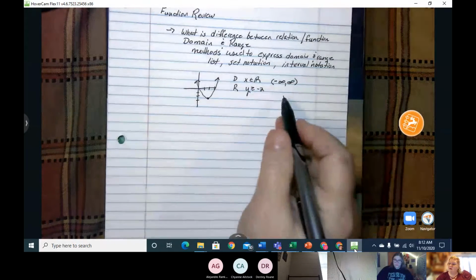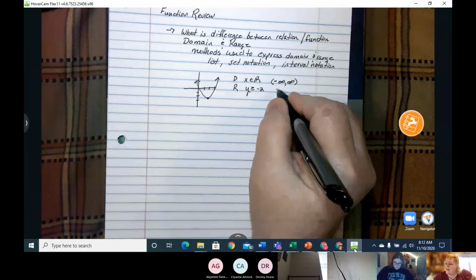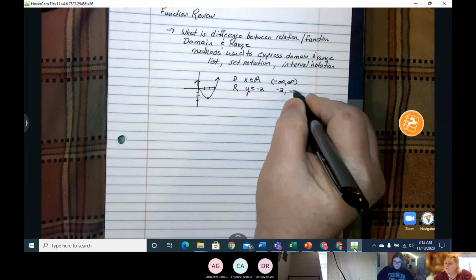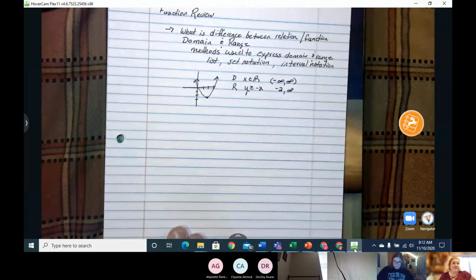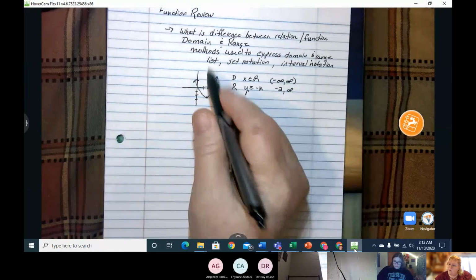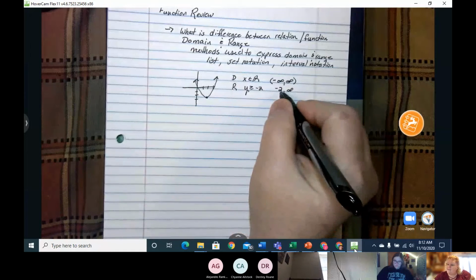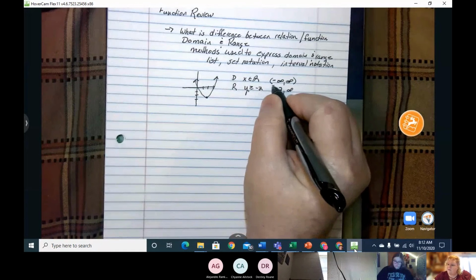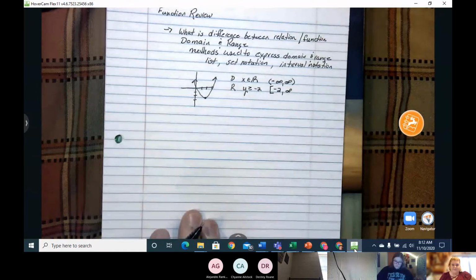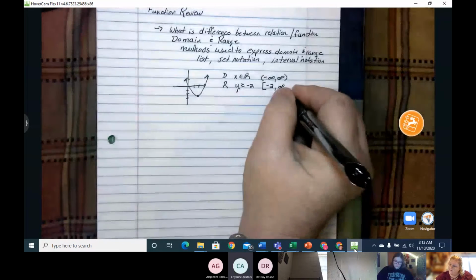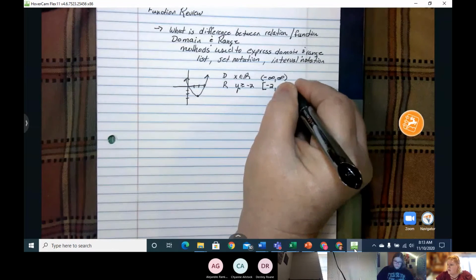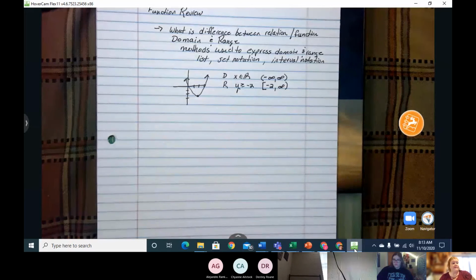In interval notation, we say that that is at -2 to positive infinity. It's going from this point up. Since it is equal to -2, we use a bracket. We never use a bracket with the infinity symbol. It is always a parenthesis.